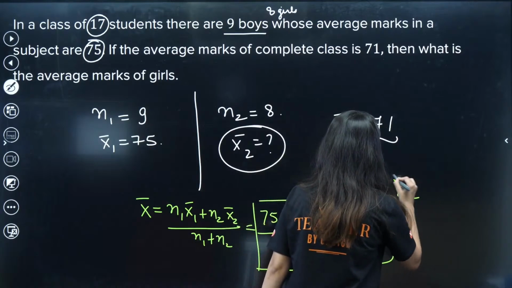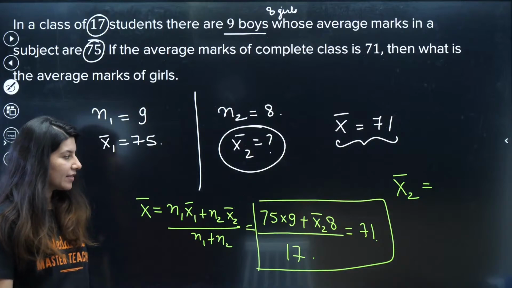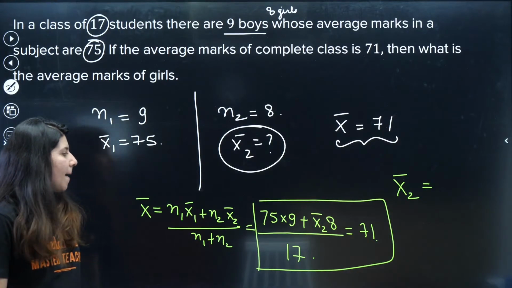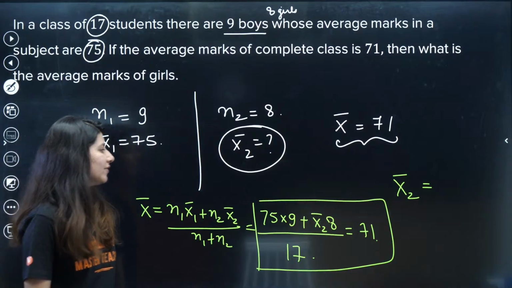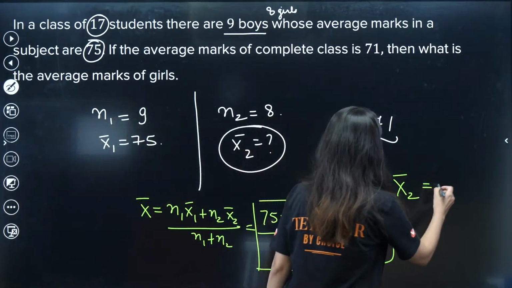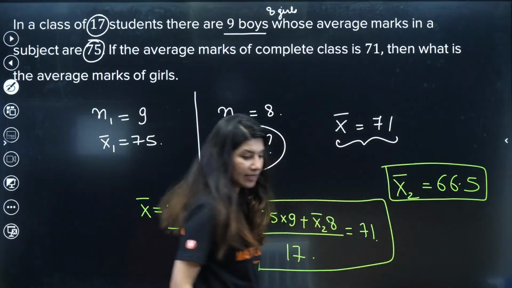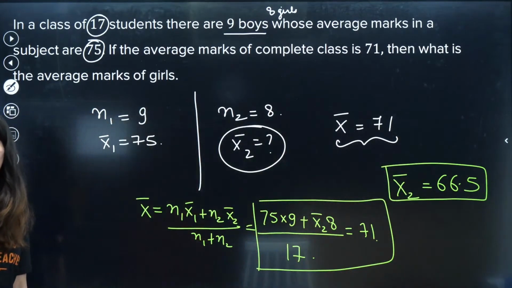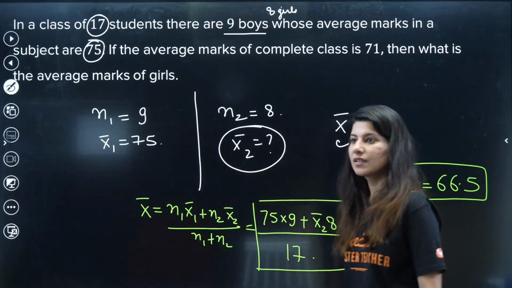So x2 bar, if you calculate, is 71 into 17 minus 9 into 75, upon 8. What will you be getting? You will be getting 66.5. Yes, Vaishnavi? Arvind, 100% correct.